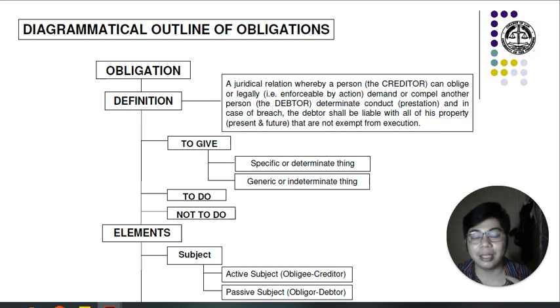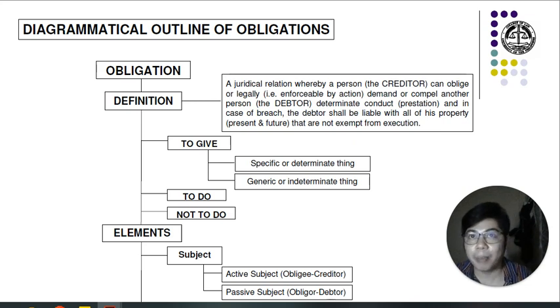Then dili na siya ma-enforce. It becomes a natural obligation and not a civil obligation. Okay, so that example where a collection of sum of money has already lapsed. According to law, when it is oral, it is 4 years. When it is written naman, it is 10 years.